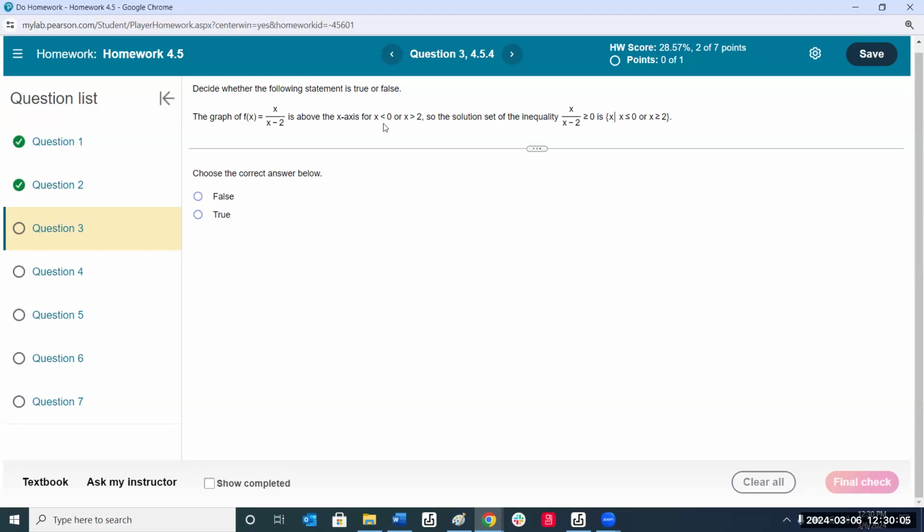Same thing as saying x is above the x-axis when x is less than or equal to 0, or x is greater than or equal to 2. Why is it false? Isn't that the same thing you're saying here, though?